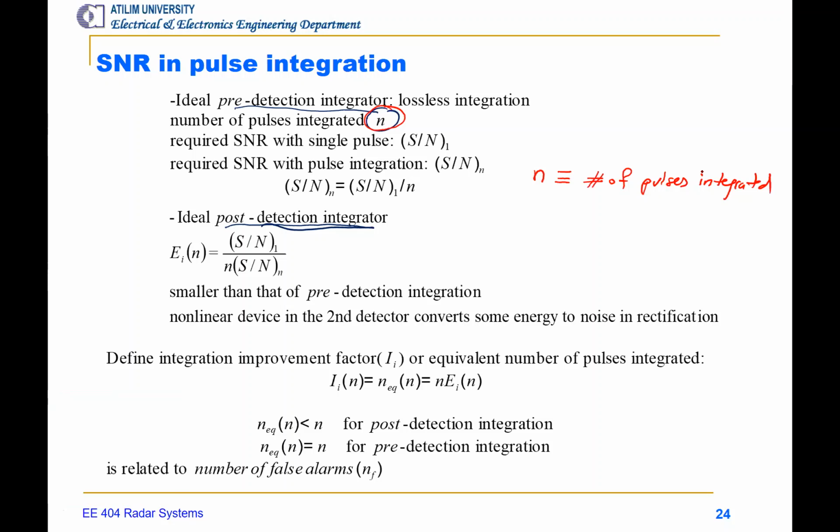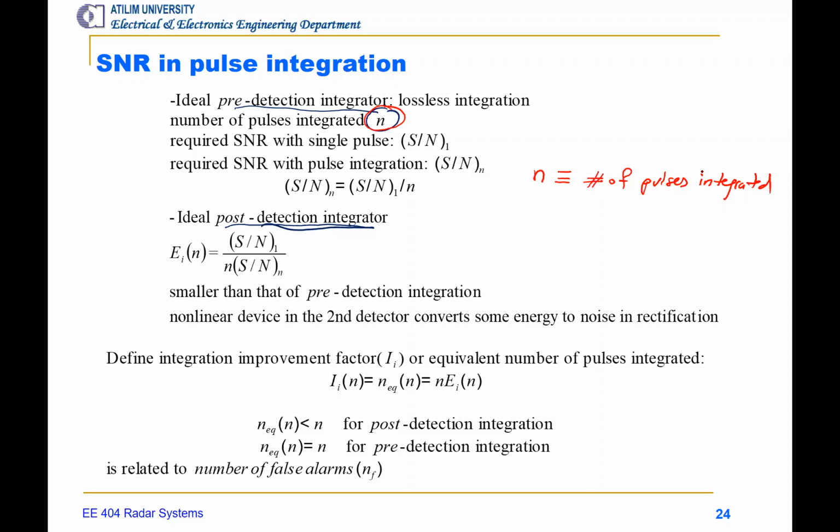So what happens if we do pulse integration? We simply increase SNR. Once we increase SNR, we can simply reduce probability of false alarm. We can simply increase probability of detection. So the goal of pulse integration is to increase SNR.